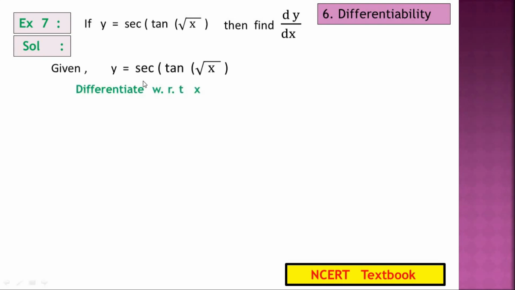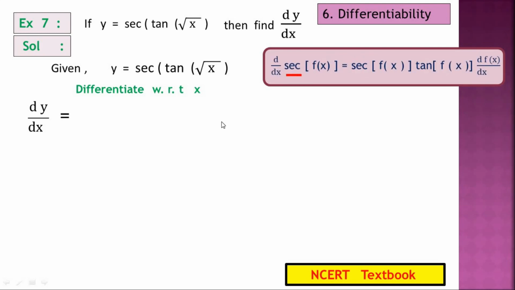Given y is equal to secant tan of root x, differentiate. dy by dx is equal to, first we have to write the secant derivative. Secant into tan is a product of two functions. So first write the derivative of the secant function, that is secant, and I keep this composite variable as it is, into tan, again variable as it is.